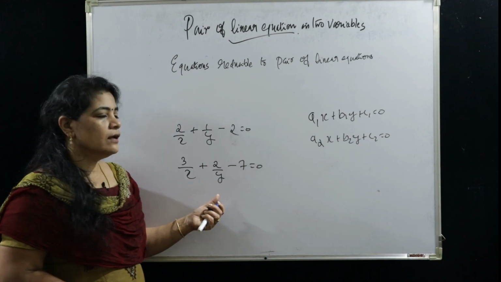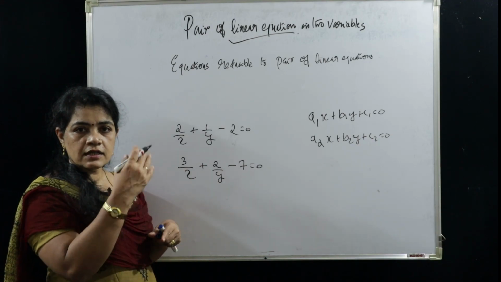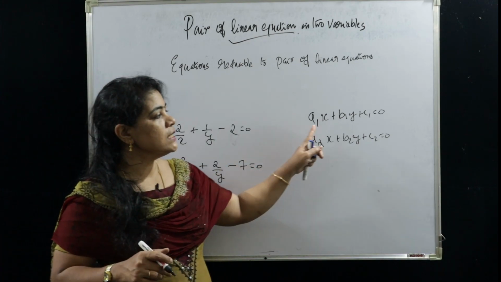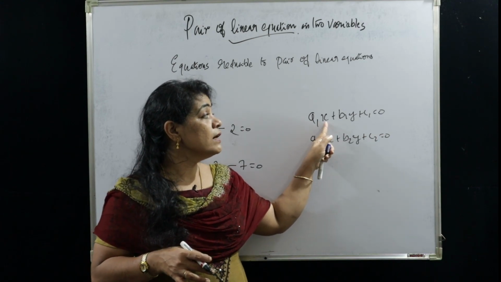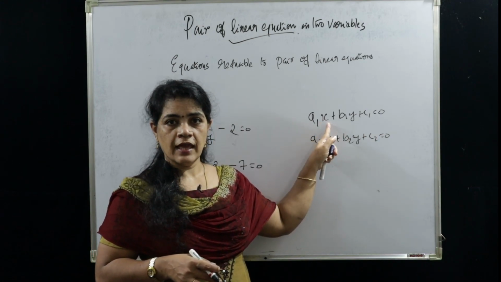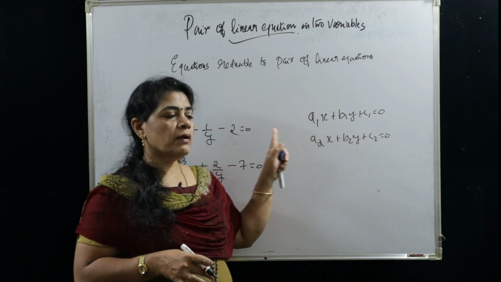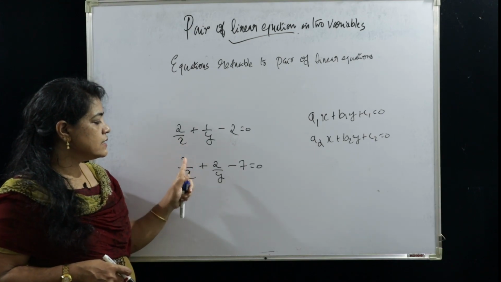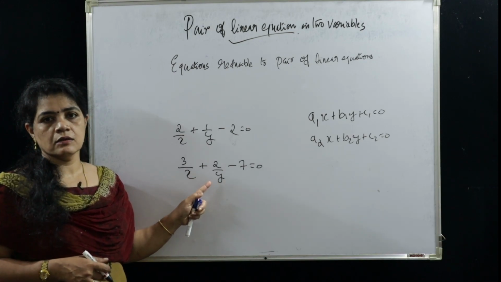In this case, can we say that this is okay with the standard form? We can't, children. Why? Because in the standard form of a pair of linear equations, the variable is in the numerator, x, here y. But in this given equation, the variable x is in the denominator. In such cases, what to do?